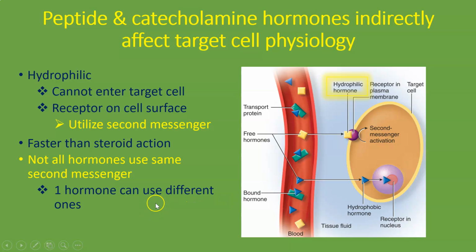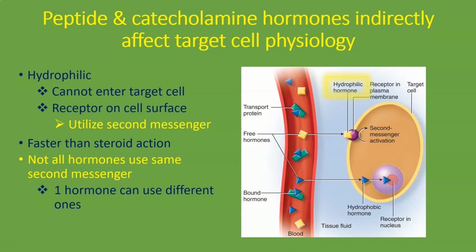Now, protein hormones, peptides, and catecholamines, and remember that the catecholamines are epinephrine and norepinephrine, can't enter the target cell. The reason why is because they're hydrophilic and they can't cross that phospholipid bilayer. So their receptors are found on the surfaces of cells, and they're going to utilize a mechanism called the second messenger.